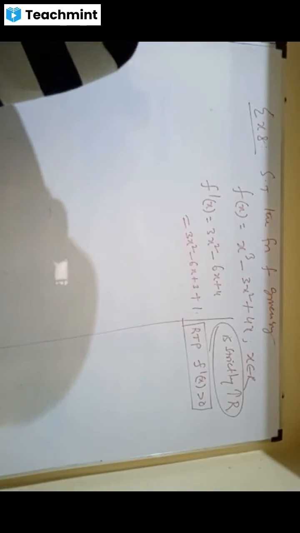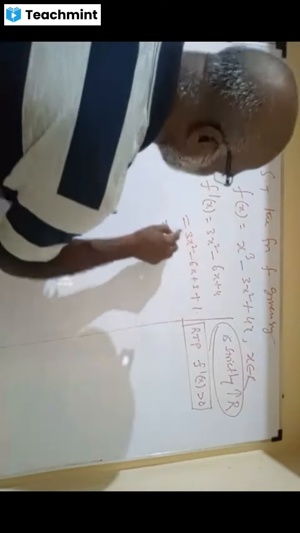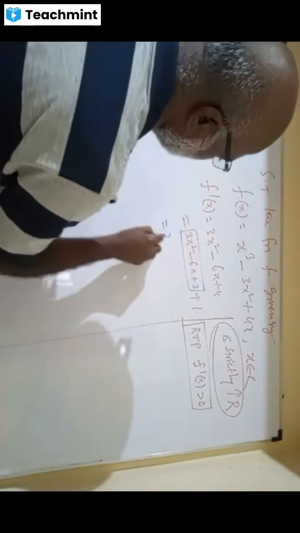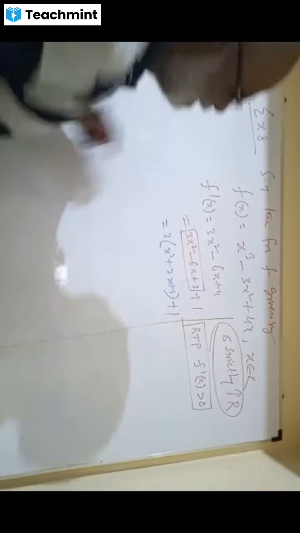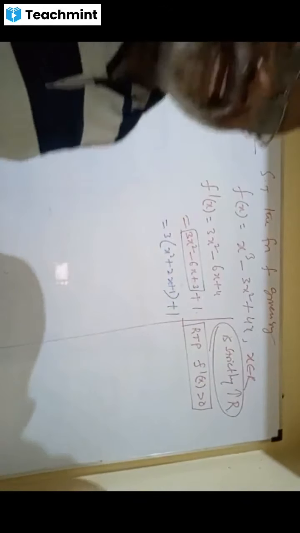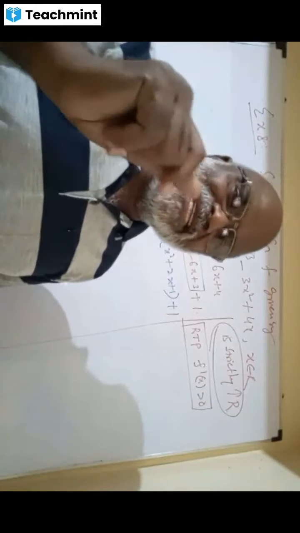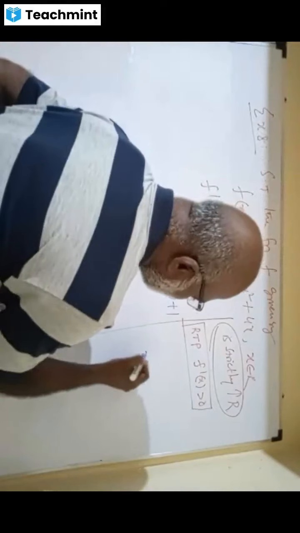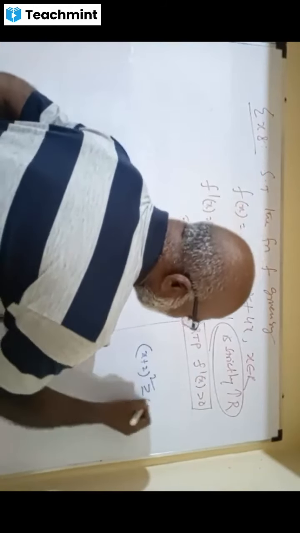Friends, if that is the case, can I take 3 common across? Sir, why are you doing like this? See, my dear friends, the logic here is, if I write something like x plus 2 whole square, it is always greater than or equal to 0.